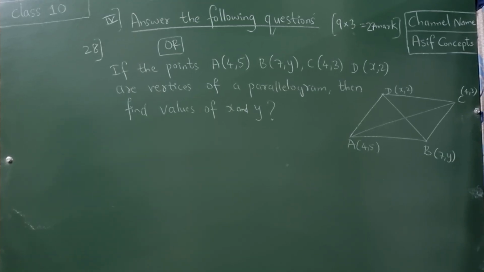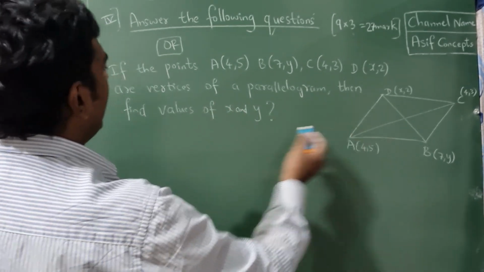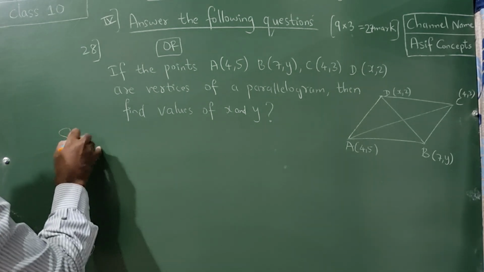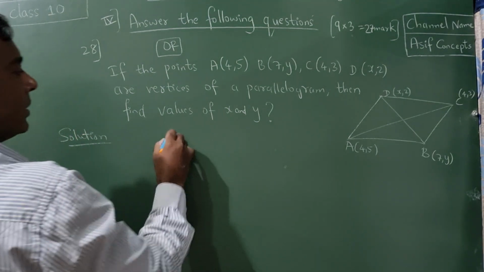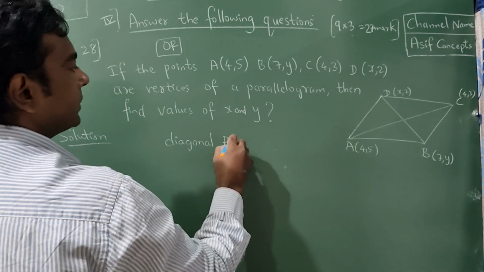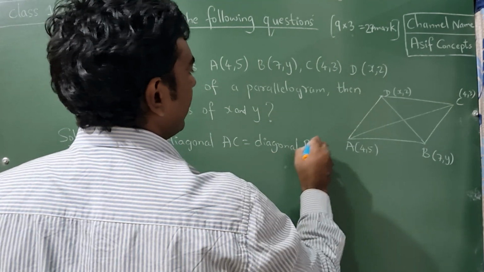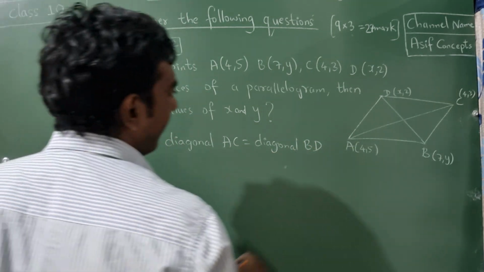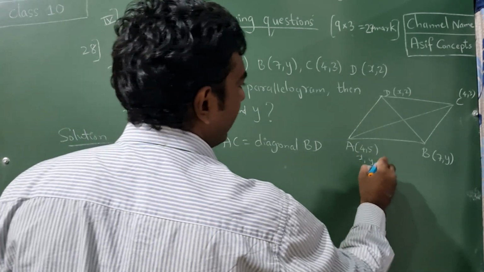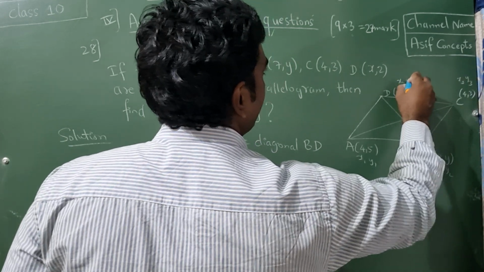Now 28th question. If the points A, B, C, D are vertices of a parallelogram, then find the values of x and y. So here I am going to write diagonal AC is equal to diagonal BD using midpoint formula. Okay, so what is the midpoint formula? If I write here x1 y1, x2 y2, x3 y3, x4 y4.